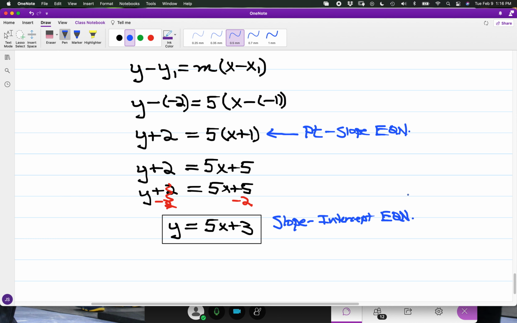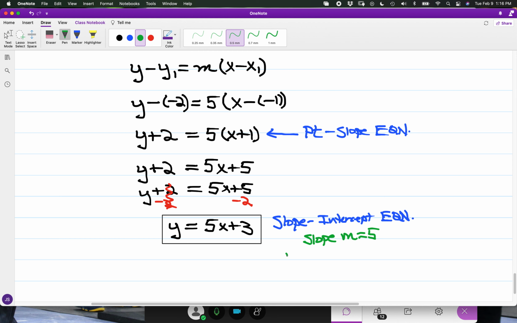And this time around, with the details, from 5x plus 3, you got your slope m is equal to 5.